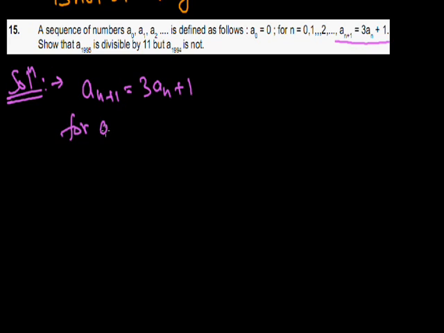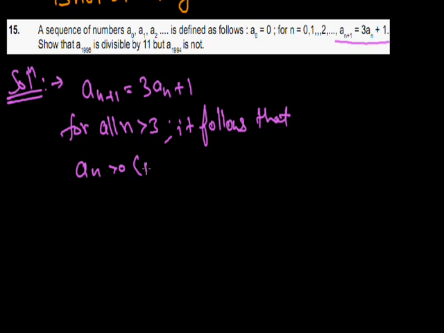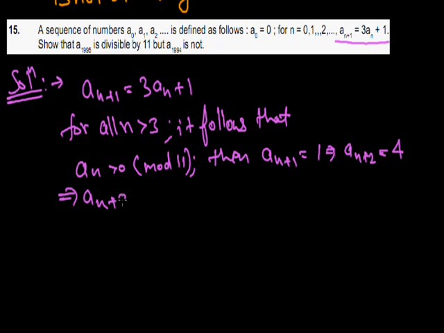It follows that for all n greater than 3, if a(n) is congruent to 0 mod 11, then a(n+1) is equal to 1. From here we have a(n+2) is equal to 4, a(n+3) is equal to 2.